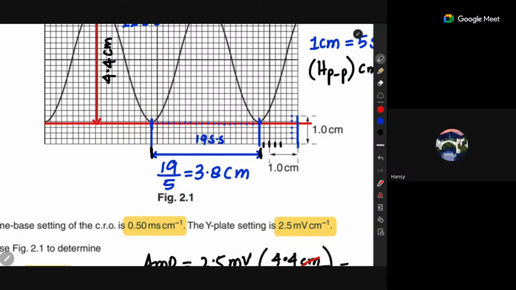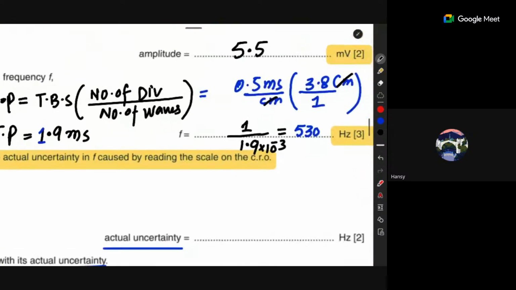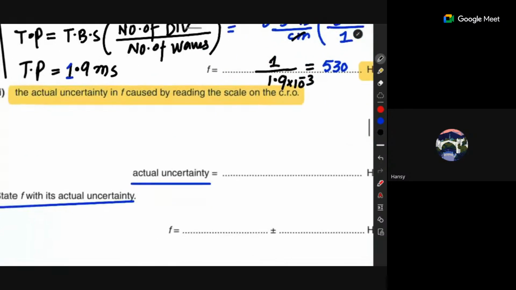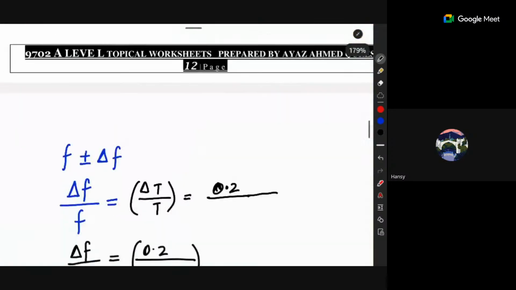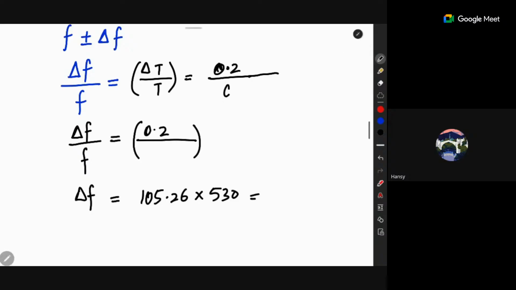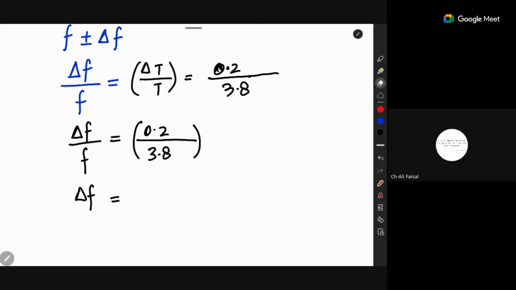Oh my bad. Yes, this was the problem. Sorry, really sorry for that misconception. It was 3.8 centimeter. Can you now calculate this please for me? Because this was very huge, so that was an incorrect value.